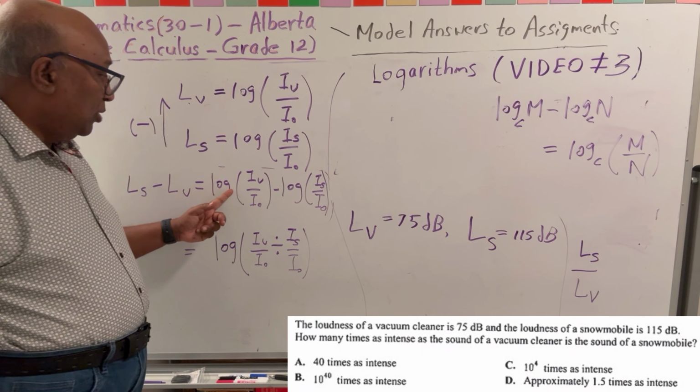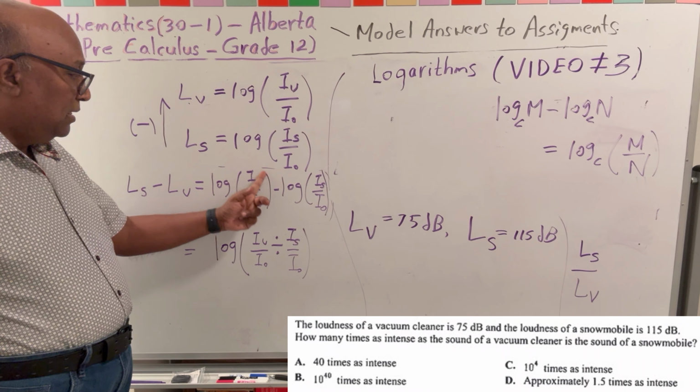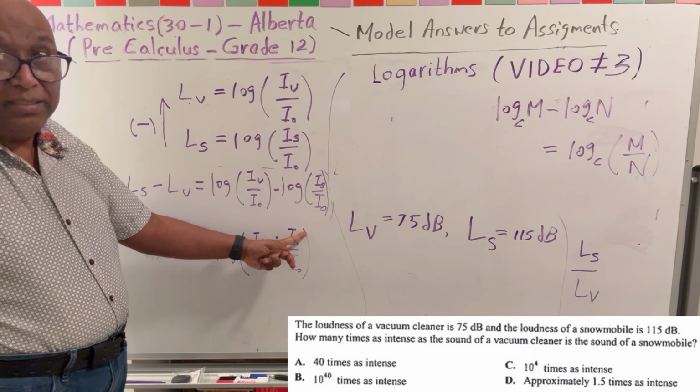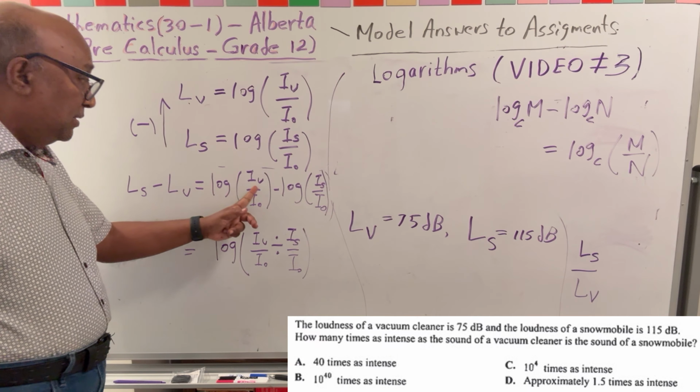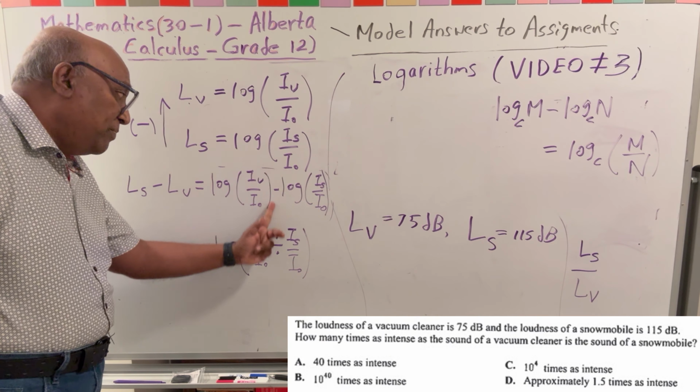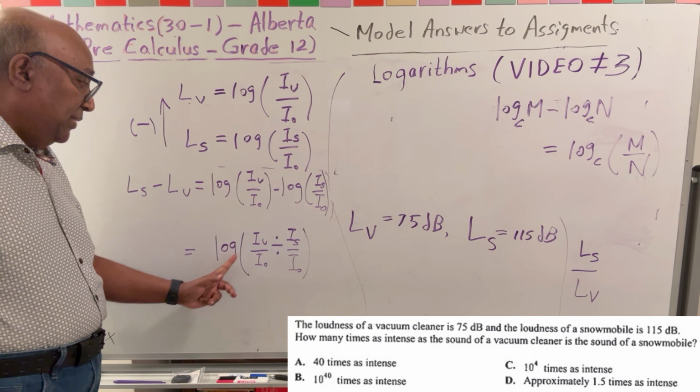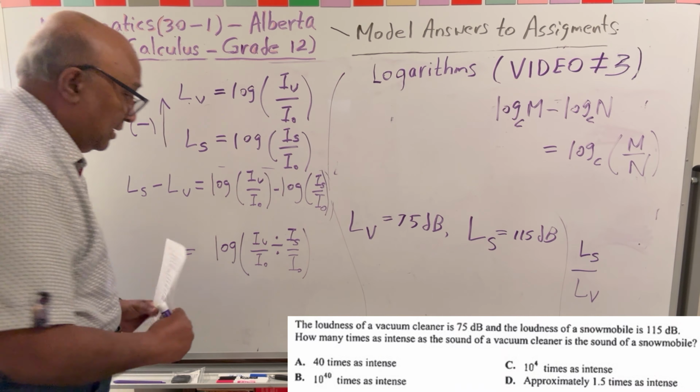This is also similar to log 10. Log 10 this minus log 10 this equal to log 10 this divided by this. This is m, this is n. That means log m upon n.